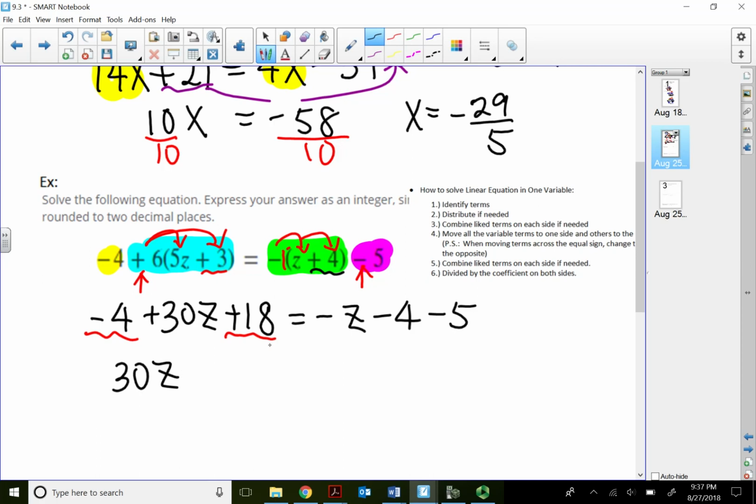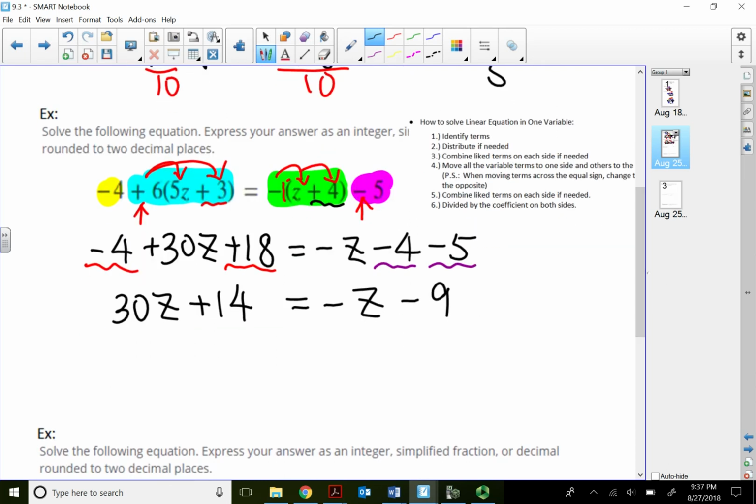Negative 4 plus 18, terms with different signs, we subtract, so that would be positive 14, right? Because I got more positive than negative, so my answer will still be positive. Equal. It looks like on the right side, negative 4 and negative 5 can be combined. So that will be negative z, still the same. Terms with the same sign, we add, so that's negative 9.